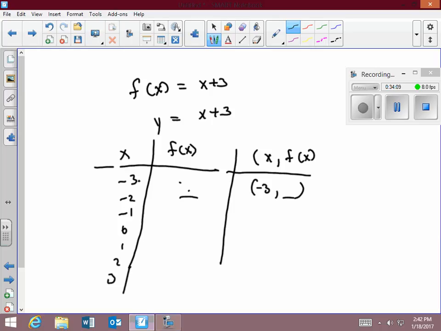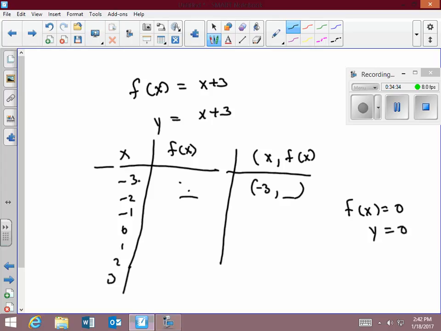Now, whenever you do zeros of a function, a zero of a function is f of x equals 0. So just to convert that, that's saying y equals 0.